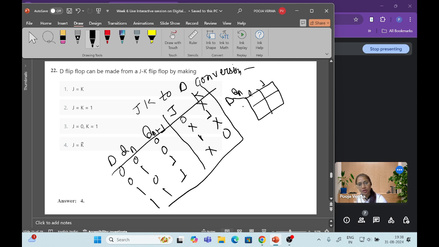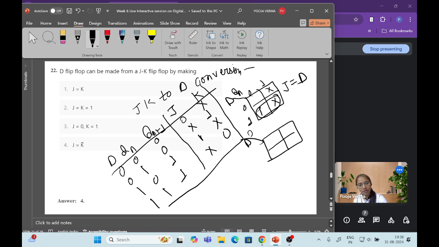So 0 1, 0 1. When it is 0 0, it is 0. For 0 1, it will be cross, then 1 cross. So in terms of J, what will be the value? J is equal to D. And now the K map for K.